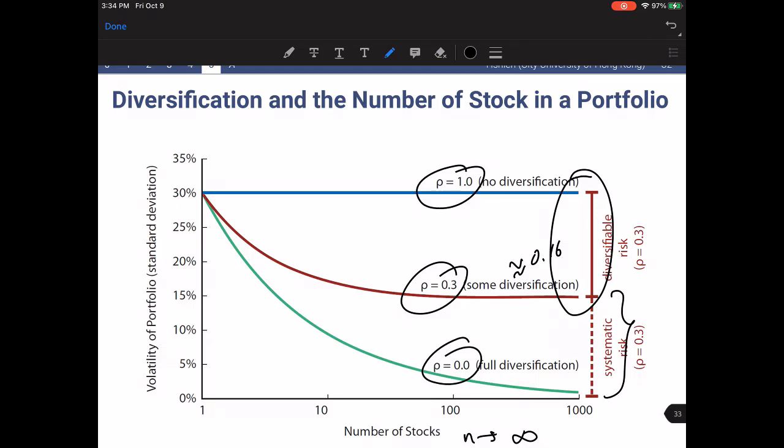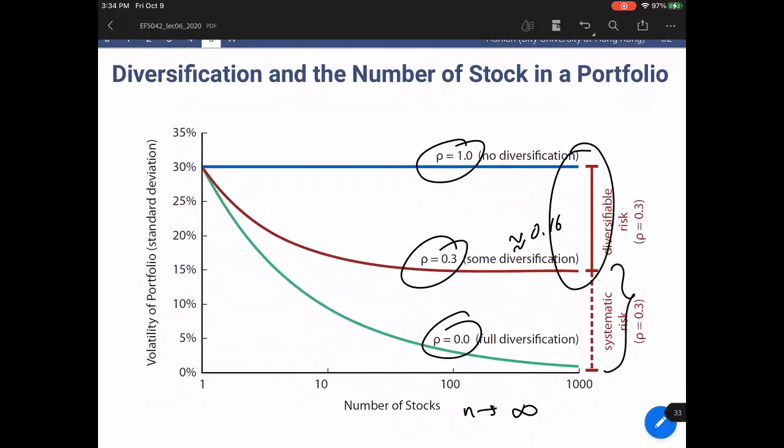And therefore, we need a model to eliminate this diversifiable risk and incorporate that into the market portfolio risk, the market portfolio return, which we will talk about next week.